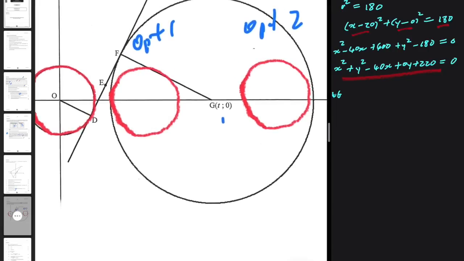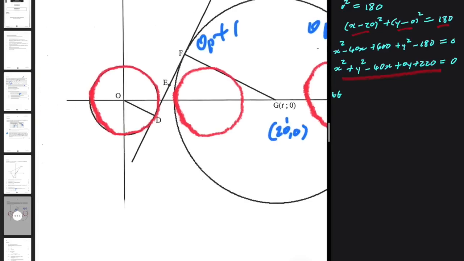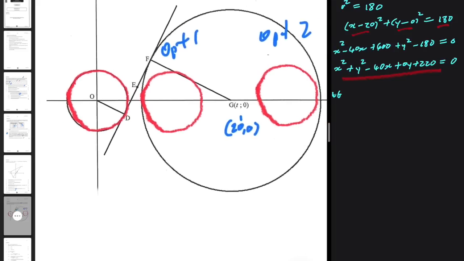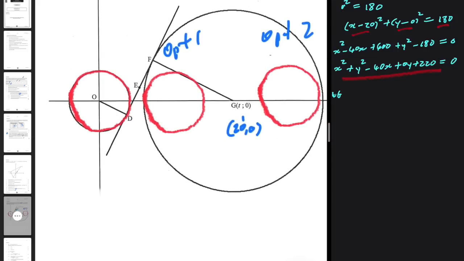The center of the larger circle is (20, 0), and the center of the smaller circle is (0, 0). But we have the radius of the smaller circle. The equation for the smaller circle is x squared plus y squared equals 20. So the radius is the square root of 20.